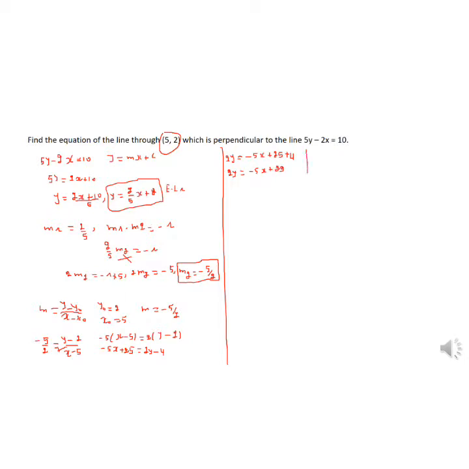Okay, so now the equation becomes y is equal to negative 5x plus 29 over 2. So now y is equal to negative 5x over 2 plus 29 over 2. So now this is a second equation.